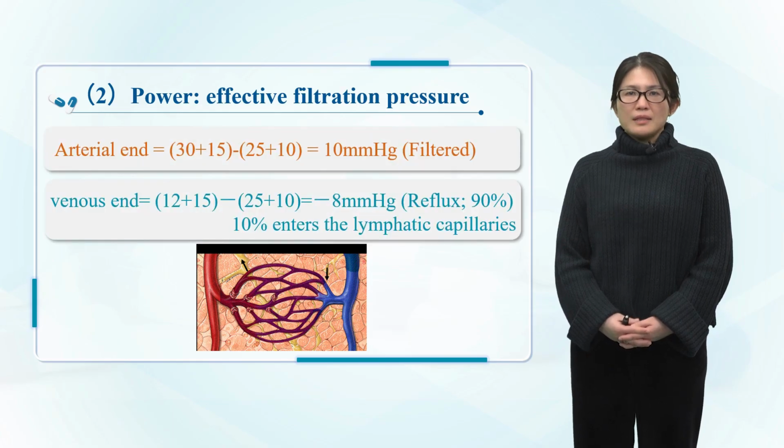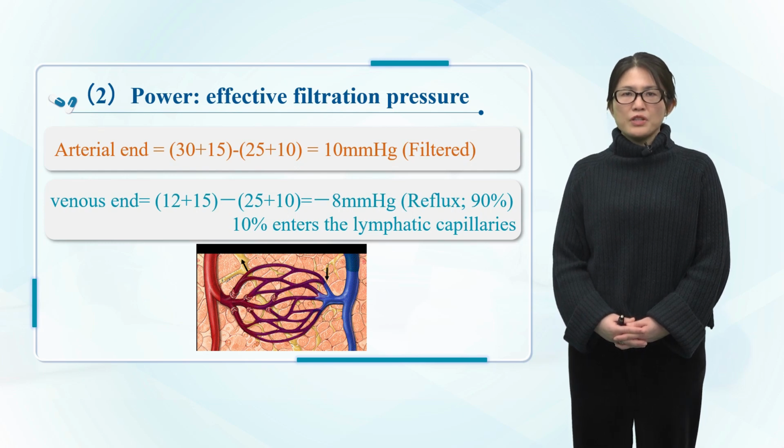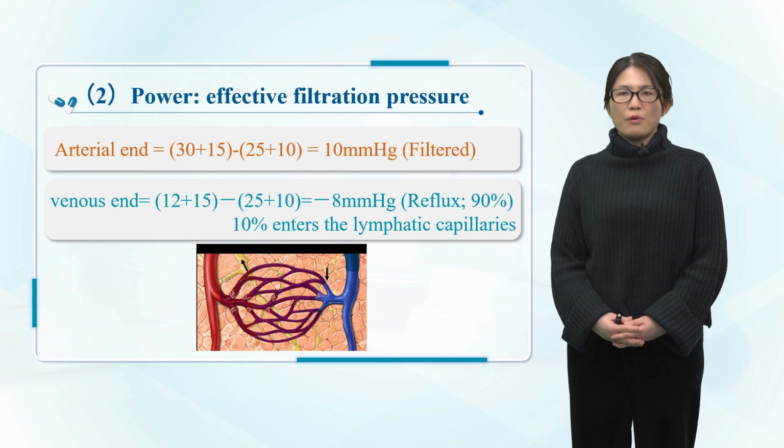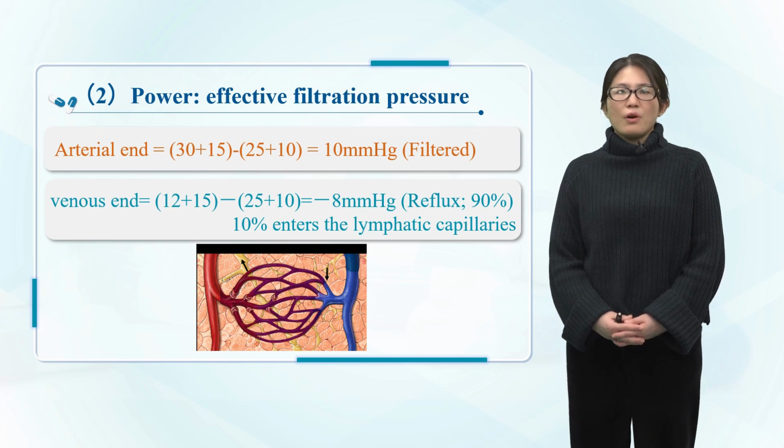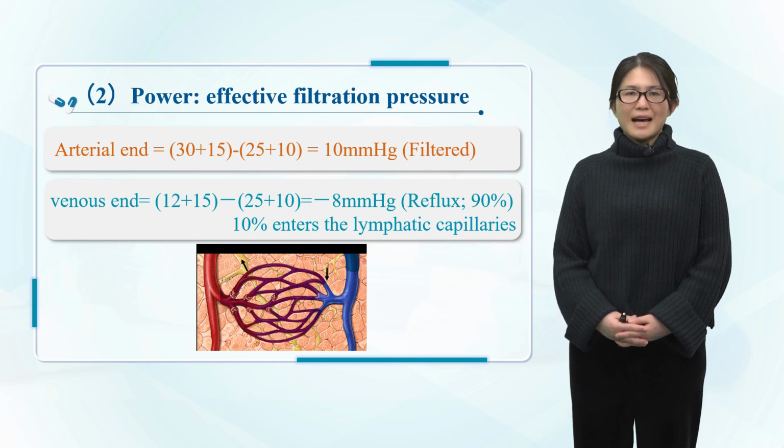Among them, the capillary blood pressure and the colloidal osmotic pressure of tissue fluid are the forces that cause fluid to filter out from the inside of the capillaries, while the hydrostatic pressure of tissue fluid and the colloidal osmotic pressure of plasma are the forces that cause fluid to be reabsorbed from the outside of the capillaries to the inside.